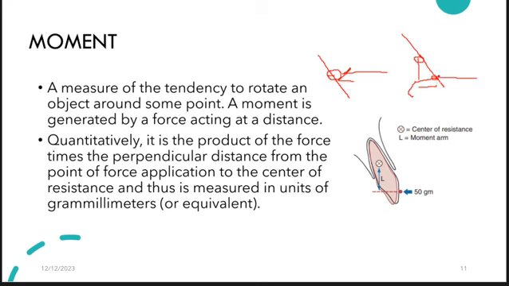The perpendicular distance joins the line passing through the point of application of force and the center of resistance. The moment will be force times distance. Imagine a force of 1 Newton is provided at a distance of 2d. Then the moment will be 2.